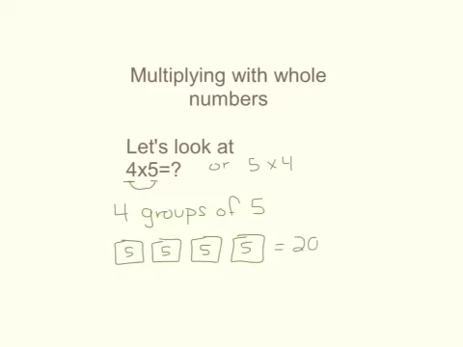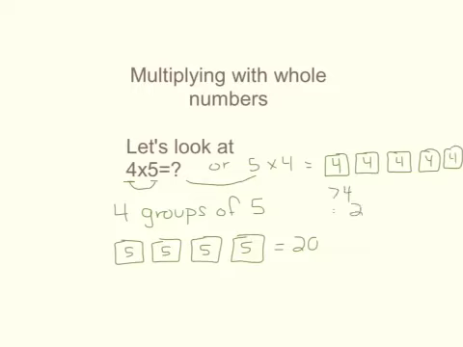If I use the commutative property and reverse the numbers, it's the same thing. I have 5 groups of 4, which means I don't just have 1 4, I have 5 4s. So obviously my product is greater than 4, and my product is going to be 20.